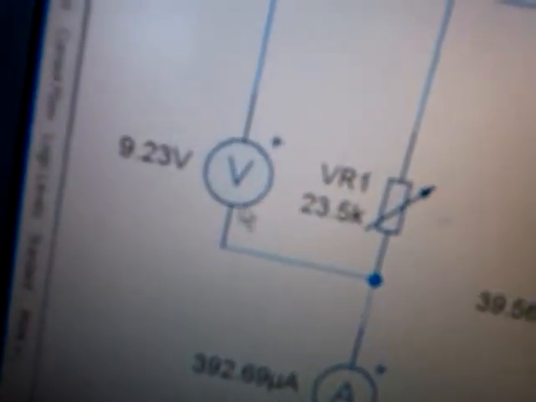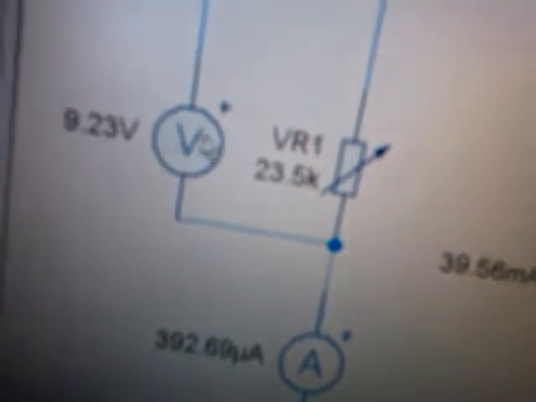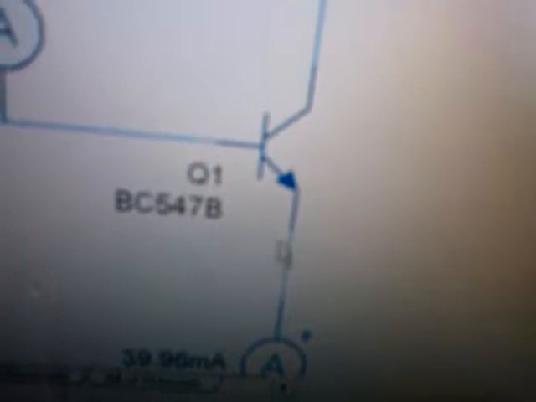That means the voltage drop in this simulator is about, let's say, 0.7 or 0.8, if we have 9.23 volts here, and the current is approximately equal also, and our IE, the emitter current, is 39.96 milliamp. So we see it's about it.